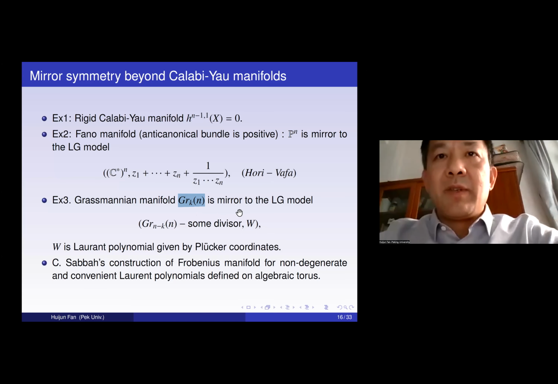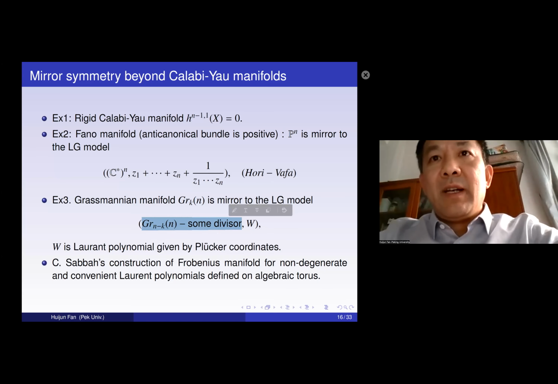Its mirror is this LG model, but you should take away some divisors such that this manifold is an open manifold, and then you have a corresponding Laurent polynomial W defined on this open manifold.